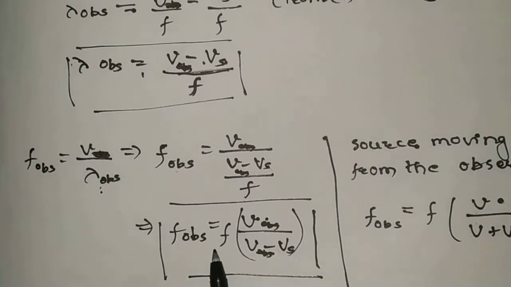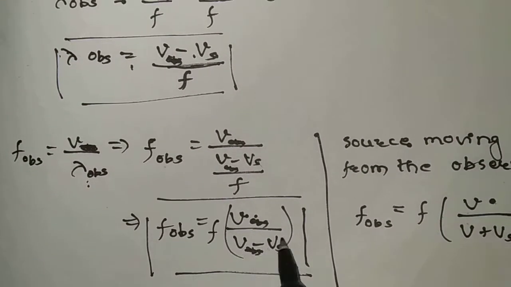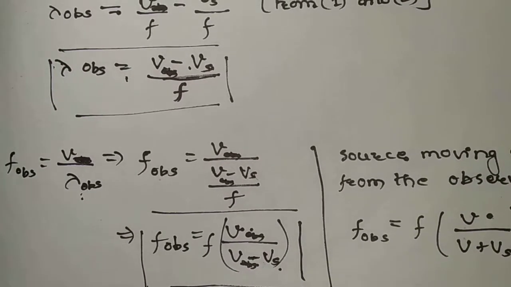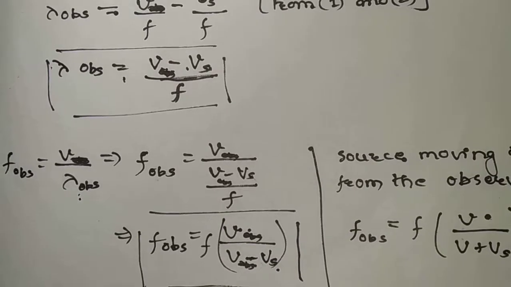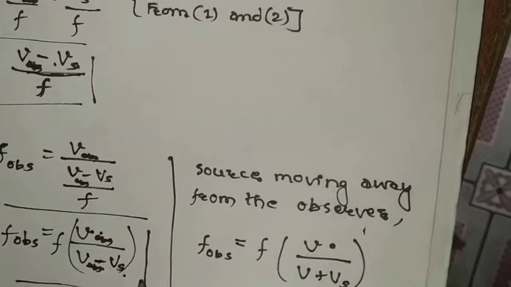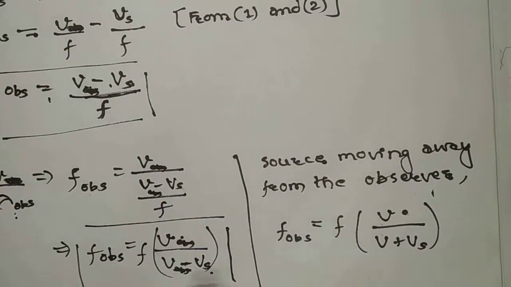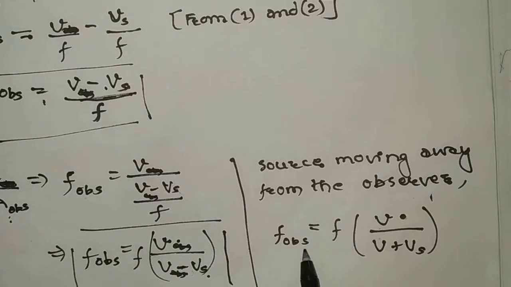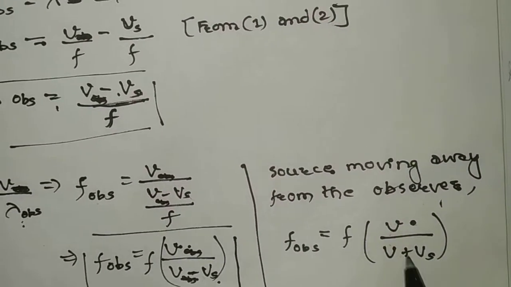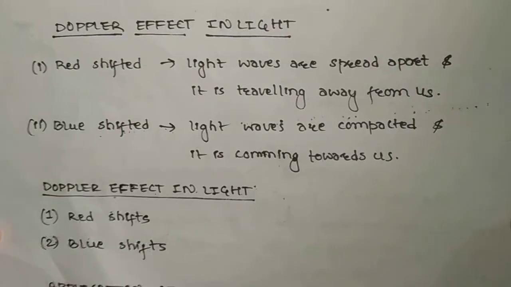So the frequency of the observer will be F into V by (V minus Vs). As in case 1, this is when the source is moving towards the observer. But for the case when the source is moving away from the observer, the equation will change: F observer equals F into V by (V plus Vs). Here also we have changed the sign from minus to plus.